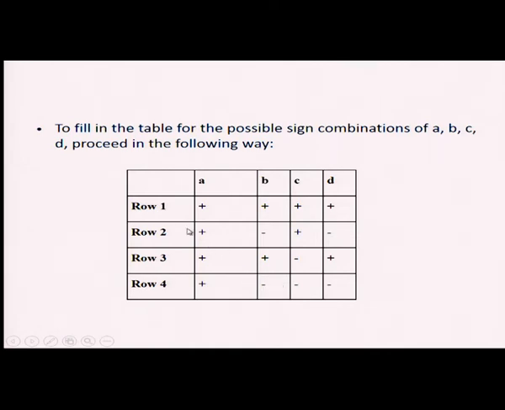One set says plus plus plus plus for A, B, C, D, the other is plus minus, the other is plus plus minus plus, then the other is plus minus minus minus. According to this set of A, B, C, D, you can get the remaining reflections, whatever reflections you face, the symbols will be there.